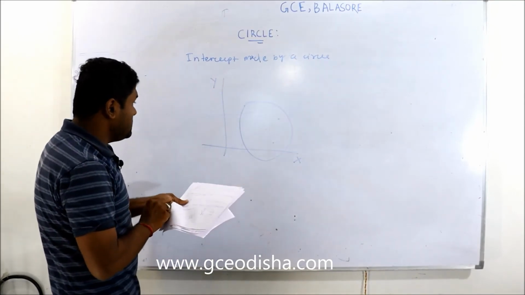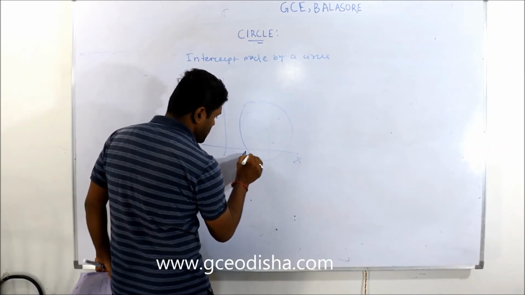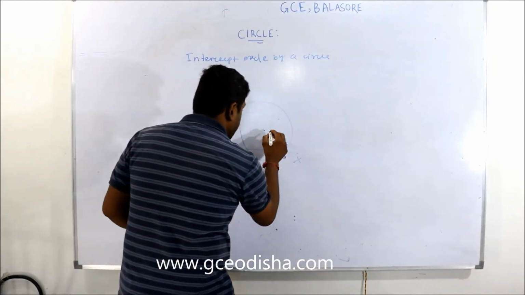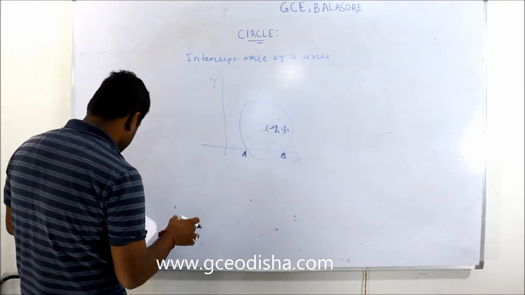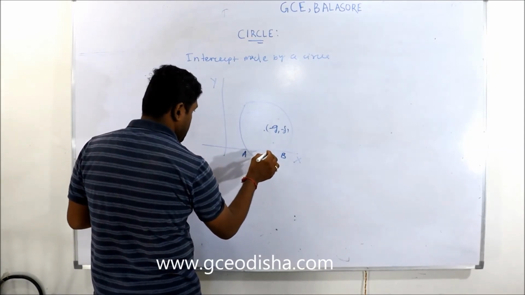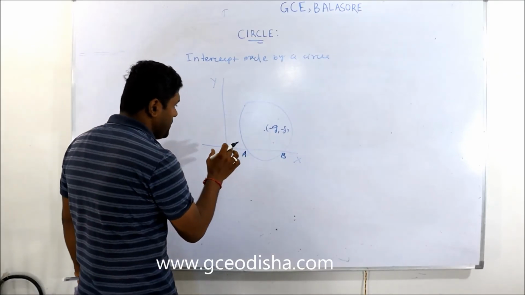As this circle cuts the axes at the points A and B, and the center is at (minus g, minus f), then what is the value of AB? How can you find the value of AB?